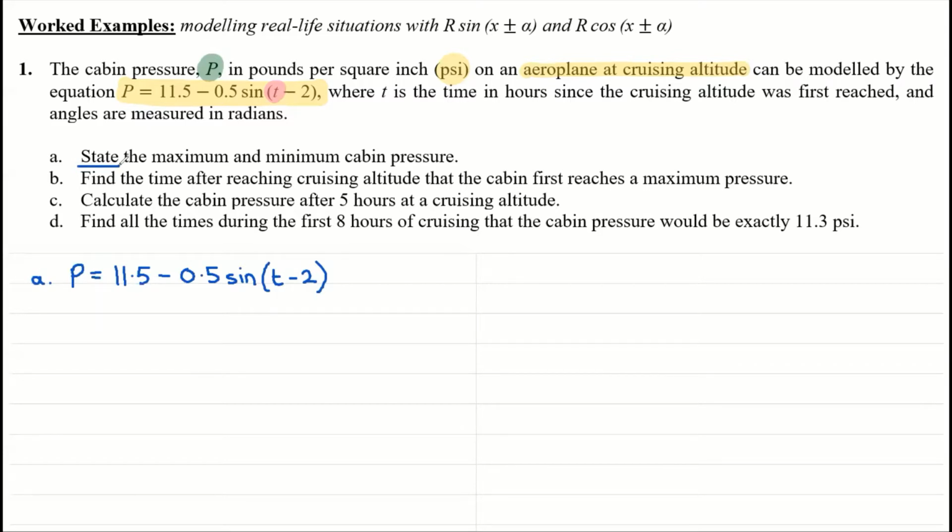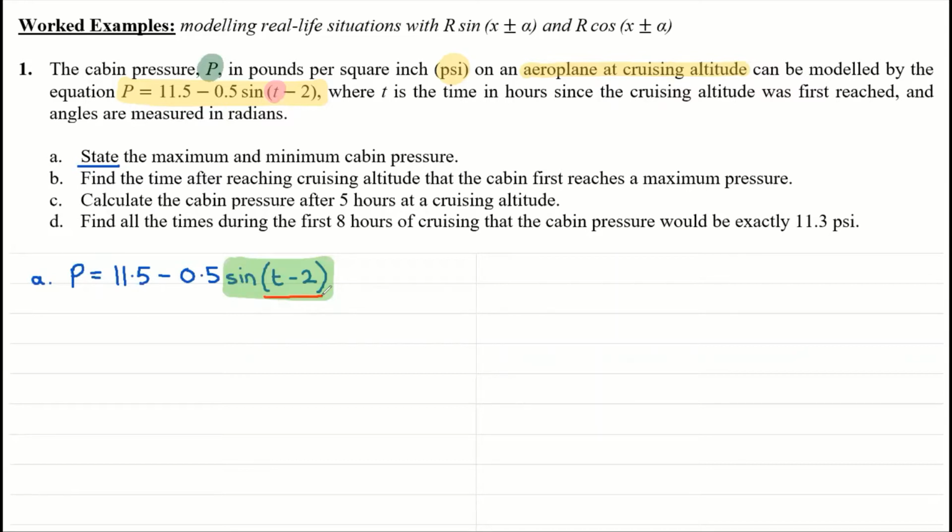And it all hinges on the sine function. Okay, now you might be familiar with where we're going with this. The sine function, as we know, has maximum and minimum values. So I can confidently state that it doesn't matter what is within the bracket here, because that is obviously going to be a transformation in the horizontal direction of the t variable. So that doesn't matter.